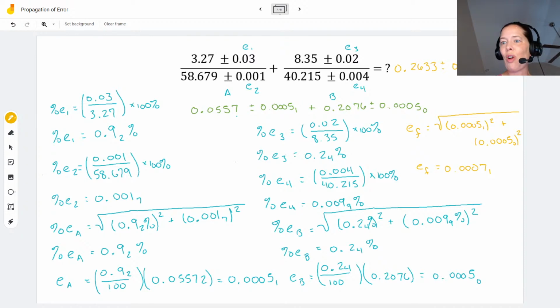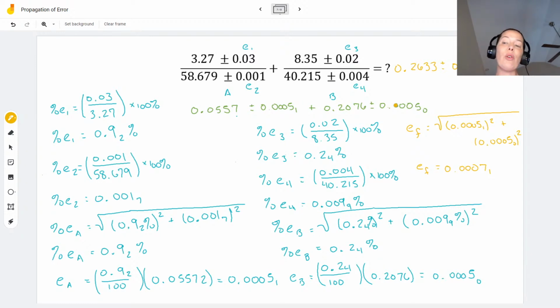Again, it's easy to drop or add a 0. So let's make sure that it's rounded to the right place. So 1, 2, 3, 4, 1, 2, 3, 4. Okay, so this is rounded to the correct number of sig figs. Again, I gave the extra digit here, but I gave it subscripted. So our final answer then for this calculation is 0.2633 plus or minus 0.00071.